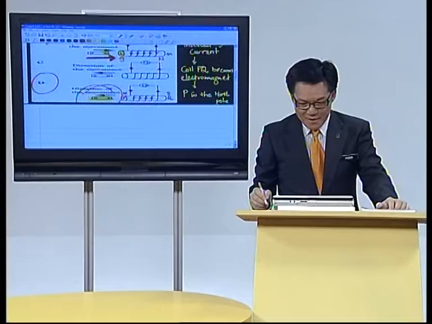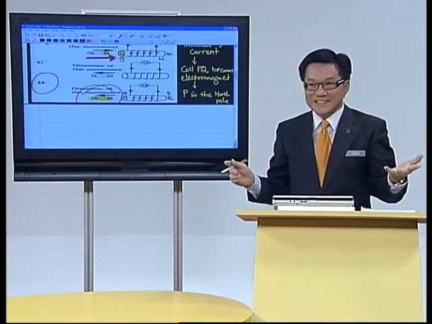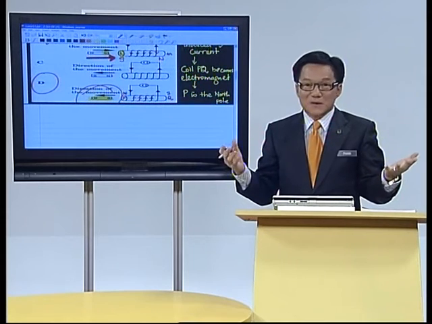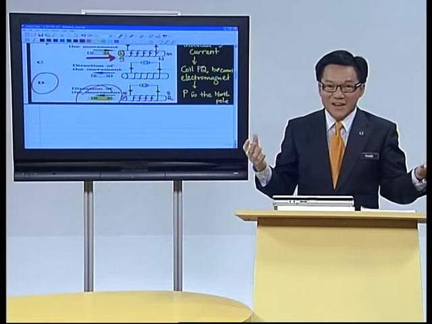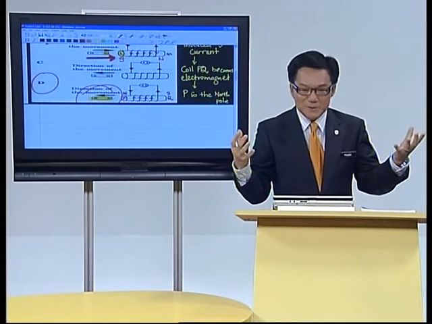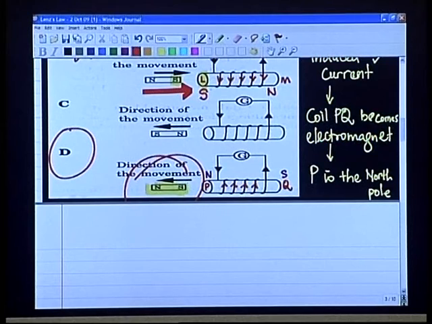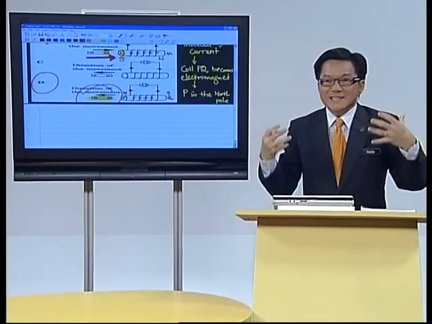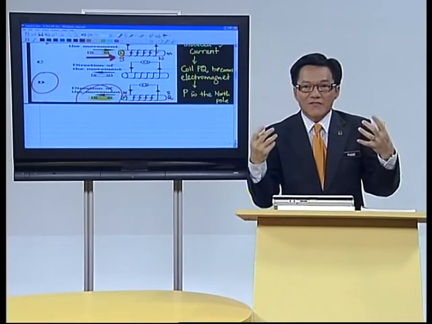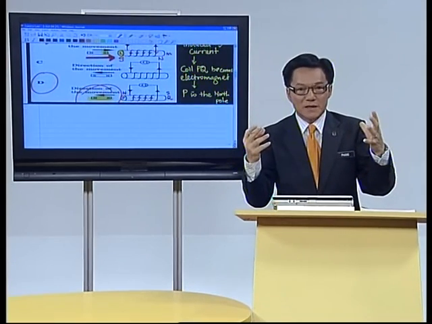Get it? Now you tell me, is D the correct answer? Come on, show me by nodding your head or shaking your head. Very good. So, some of you have responded. You have found that, okay, correct. So now D is the answer because the current shown is correct. The other cases, they are wrong. So, with this explanation, I hope you have understood Lenz's law much better.